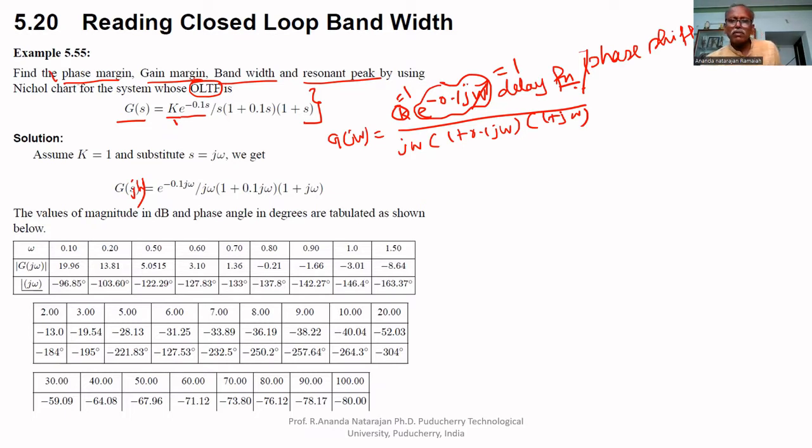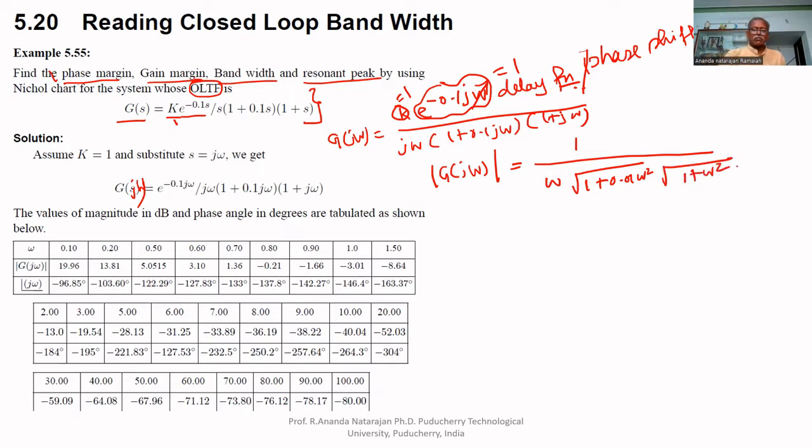It will not come into the magnitude. While finding the modulus of G(j omega), this will not come into the picture. It's 1. Therefore, the magnitude is 1 upon omega square root of 1 plus 0.01 omega squared, square root of 1 plus omega squared. That is the magnitude.